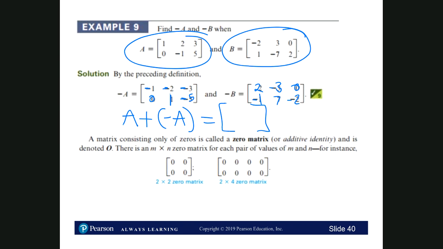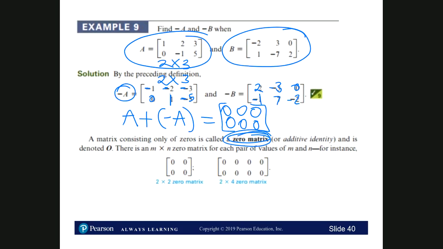And it will be a matrix with zeros everywhere. So right here I'm writing, following the example that we have here for matrix A, which is a 2-row by 3-column. The additive inverse of A happens to be the same. It must be the same, actually. And so if we were to add A plus negative A, we will obtain all zeros, and we call that the zero matrix.